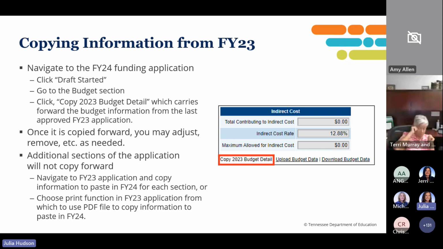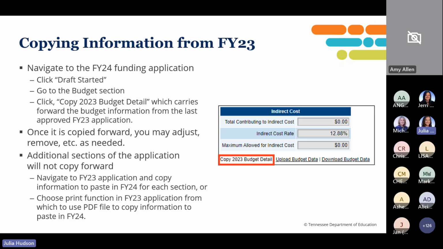You can also choose the print function in your previous funding application. And from there, you'll be able to get a PDF file, which you can use to copy that information forward as well. So that may save you just a little bit of time moving forward when you're working on those FY24 applications.